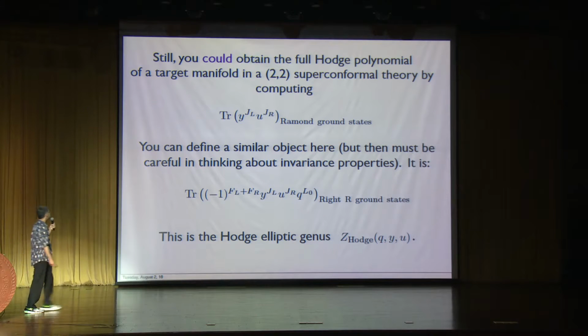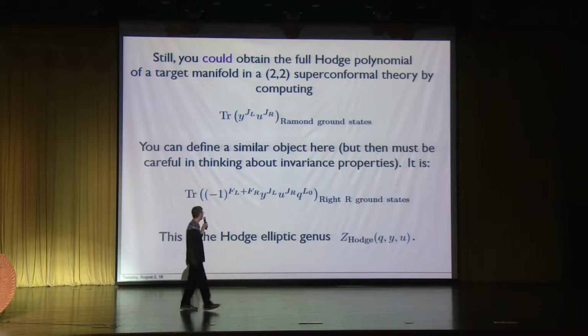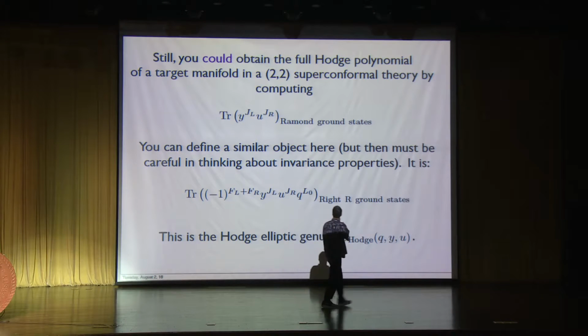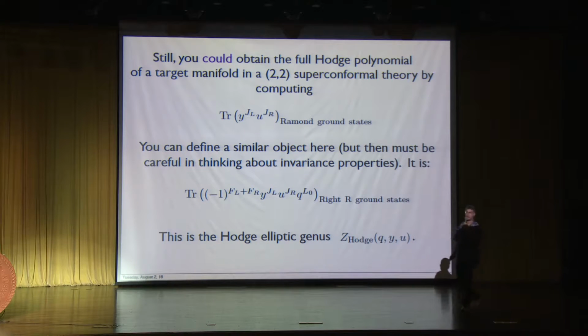What I mean is that you can obtain the Hodge polynomial of a (2,2) conformal field theory with Calabi-Yau target, if you want, by computing a trace over the Ramond ground states, shown here, with y and u counting the powers of dz and dz bar in the cohomology. But this is not really a full torus partition function. You restrict it to ground states.